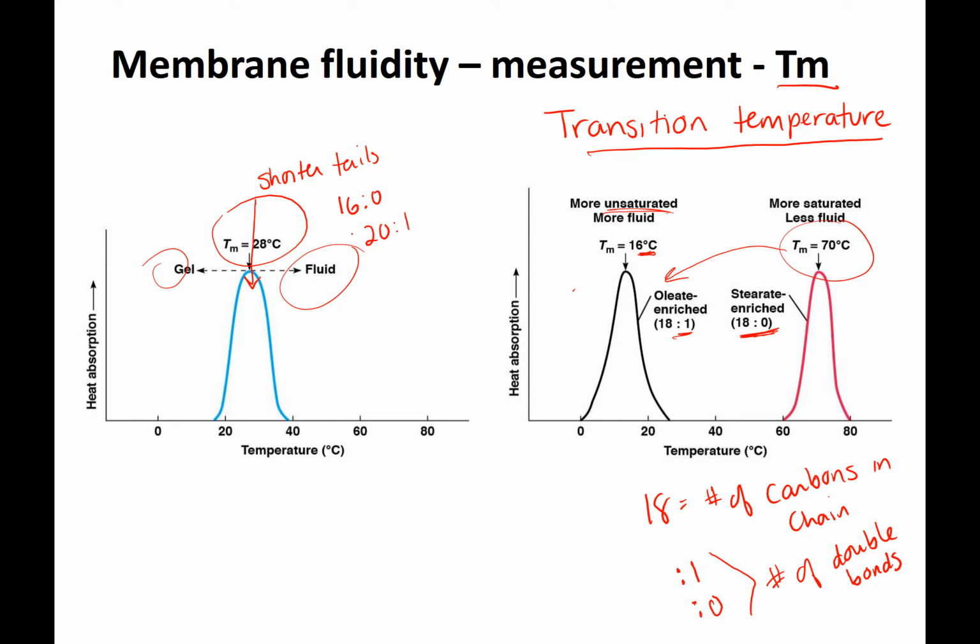We don't know where it is between these two lipids, but it tells you that it has a pretty low transition temperature. And remember that body temperature is 37 degrees Celsius. So you want your membrane fluidity, that sweet spot, to be around 37 degrees Celsius because that's your body temperature.